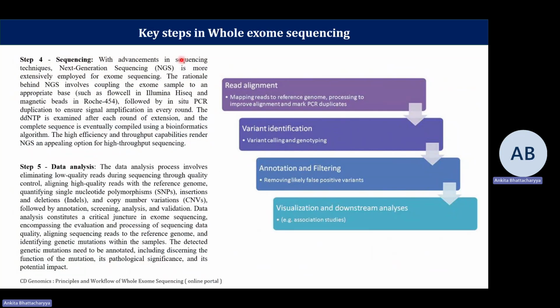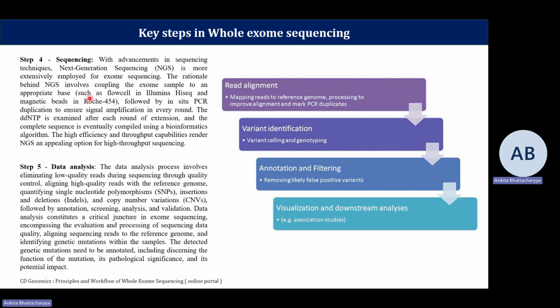which, of course, involves a lot of different steps. Like, for example, you have the magnetic beads and Roche 454, like we just discussed, the pyrosequencing method, the Illumina HiSeq bridge amplification method, sequencing by synthesis, sequencing by ligation, all of those steps.